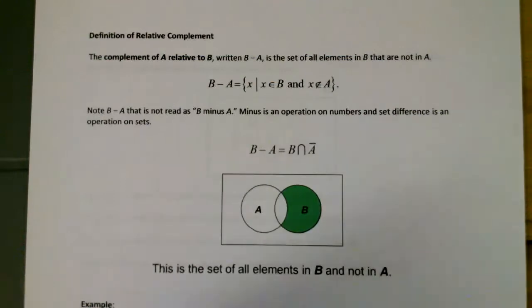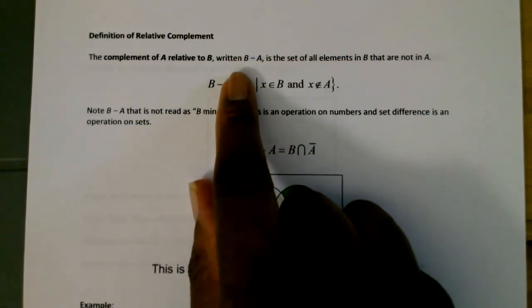Okay. So on the next page, you'll see the definition of a relative complement. The complement of A relative to B, written like this.